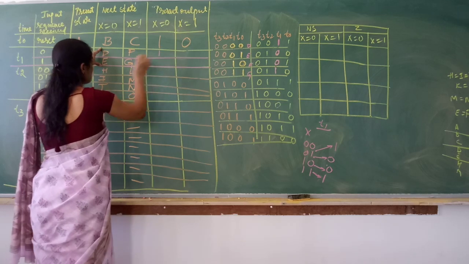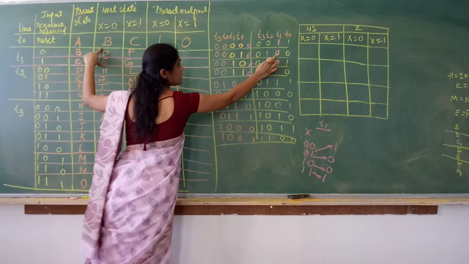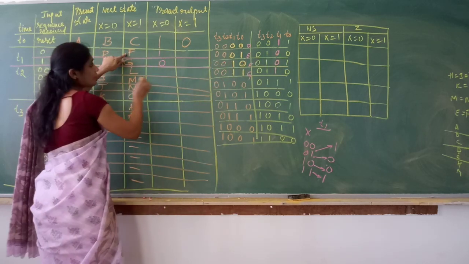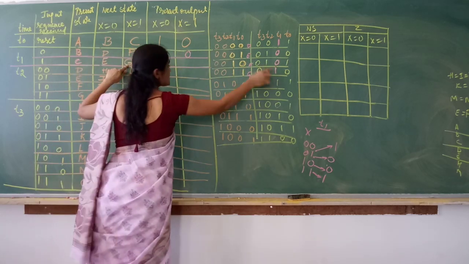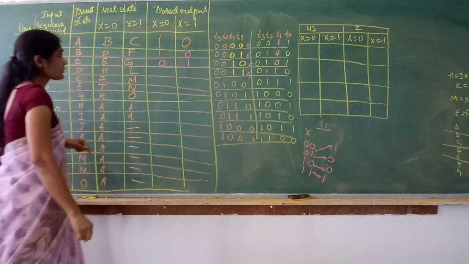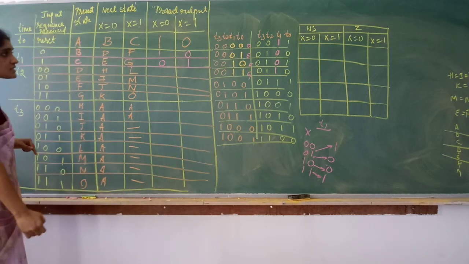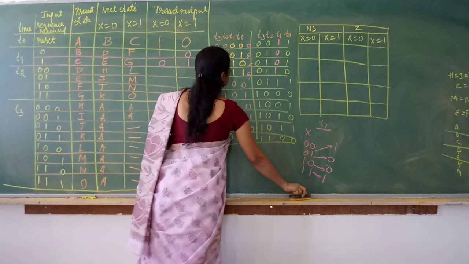So write 1. E, what is the output? 0. F, what is the output? 0. G, what is the output? 1. Right? Okay. So now this is at time T1.